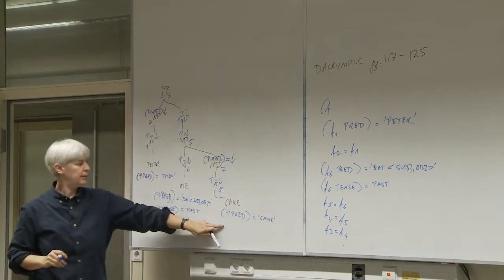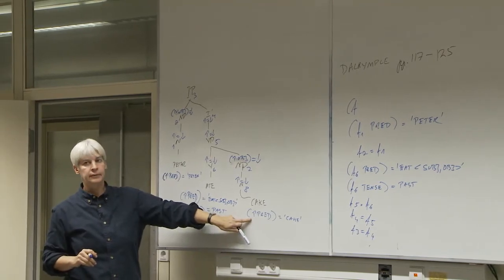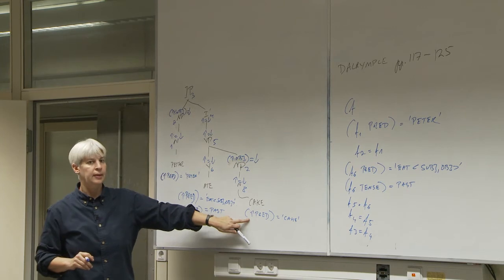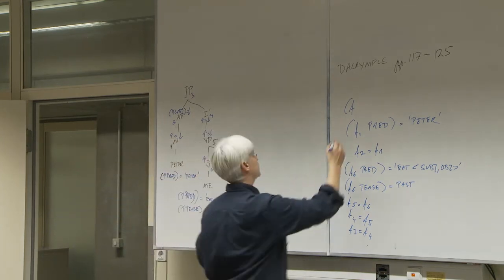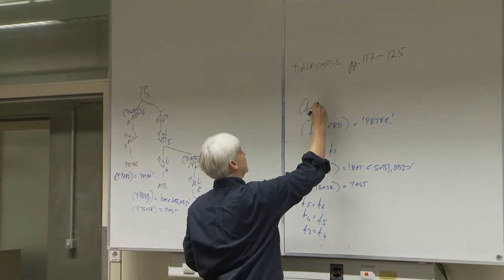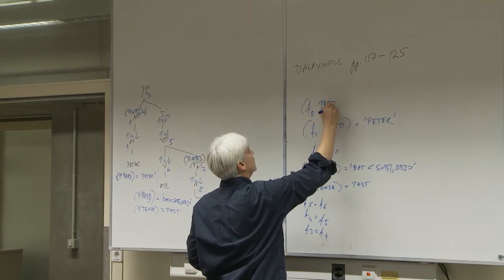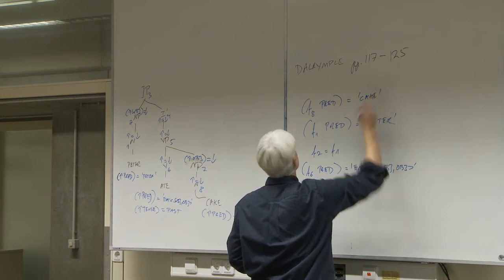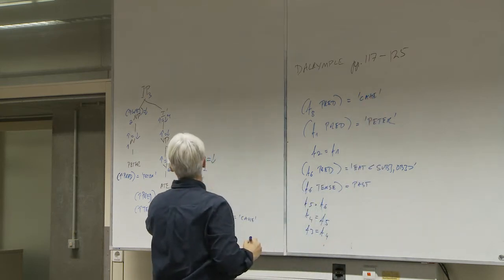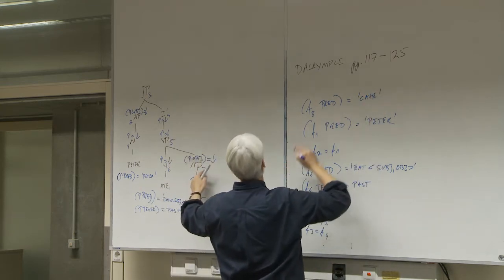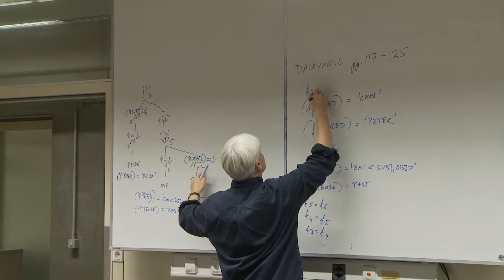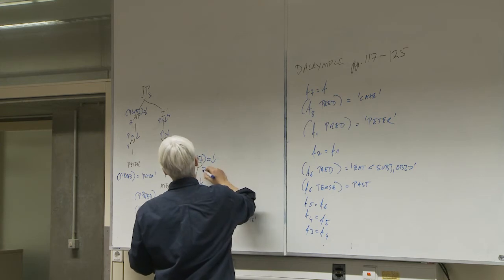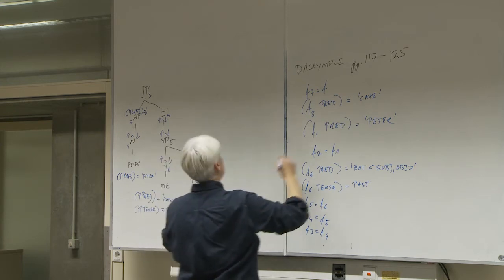How do I interpret that? F8, I hear a whisper. F8's pred is equal to cake. This thing, F7 is equal to F8.